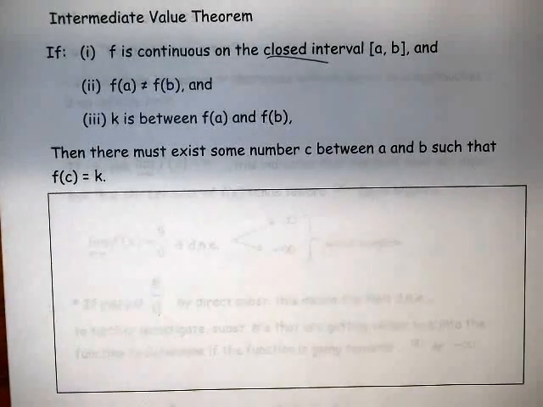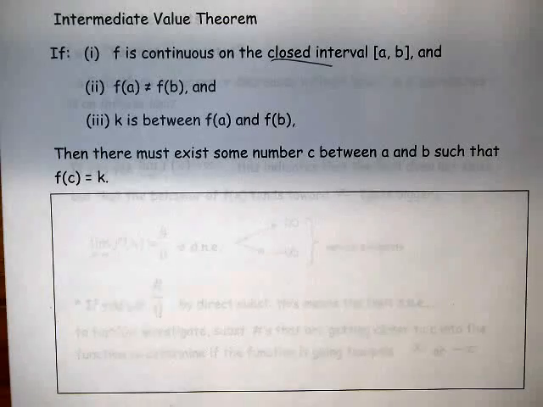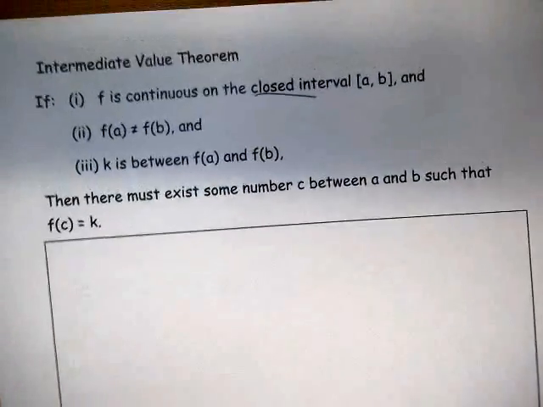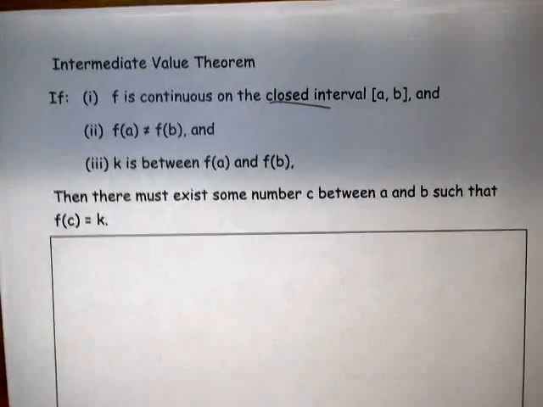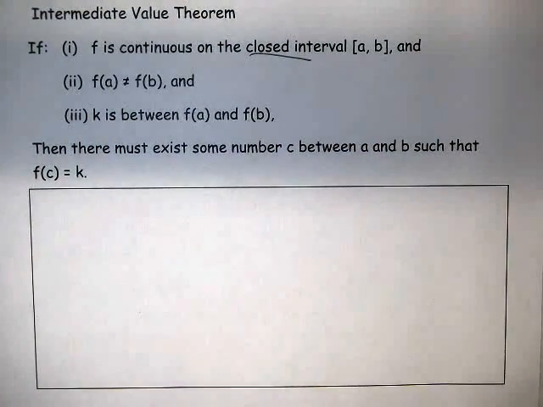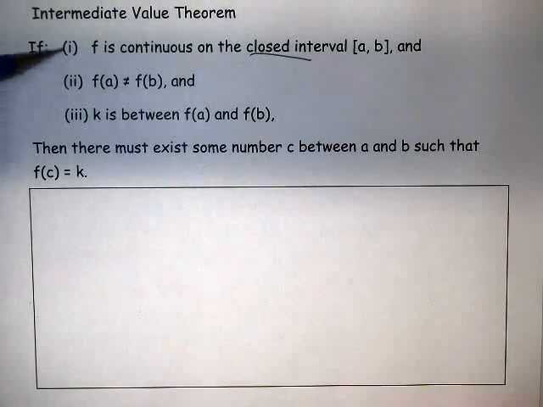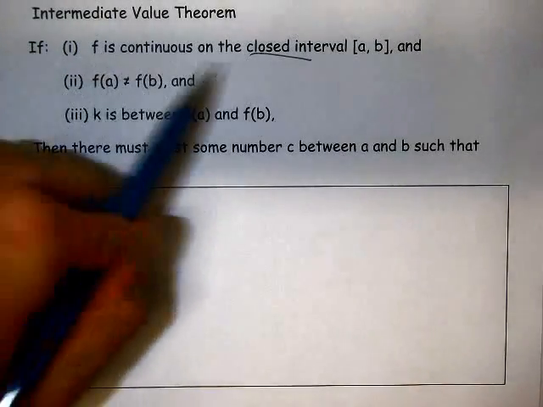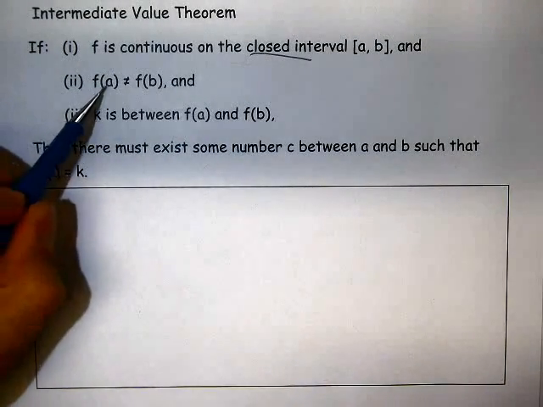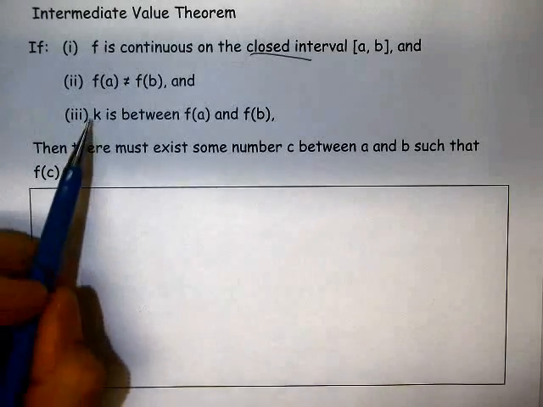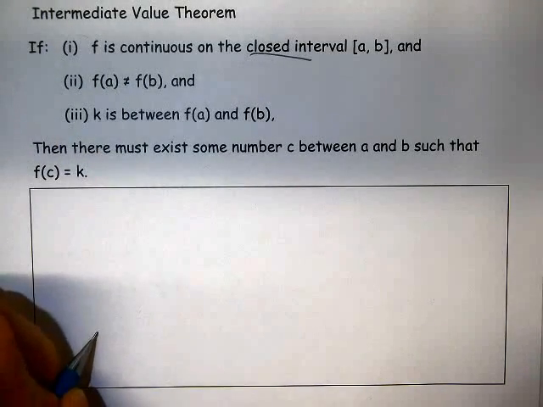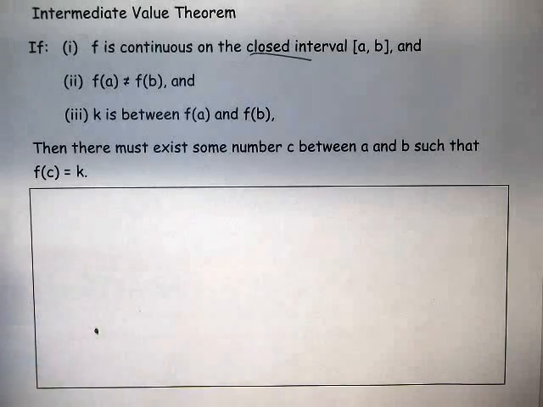So let's talk about what this means exactly. Let me put this under here. All right, so let's sketch a situation in which these 3 conditions are met. Okay, we have F is continuous on a closed interval, F of A is not equal to F of B. So let's work on these first 2. So let's just draw a random, generic sketch.